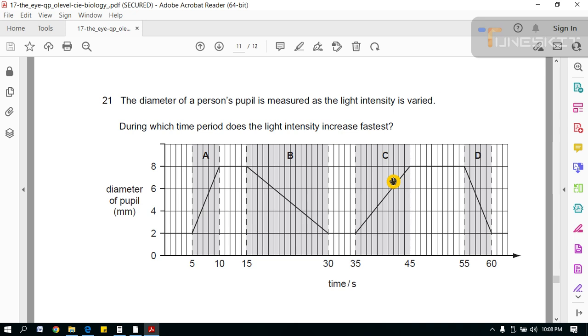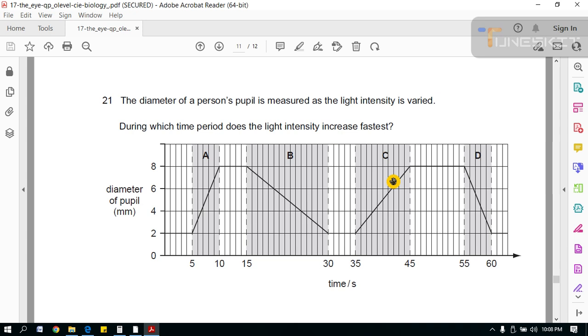Here you can observe from the shade. Shade actually gives you some indication about the light intensity. In A you can see the diameter of the pupil is not much increased, right? And B, what it shows you, the light intensity is increasing.